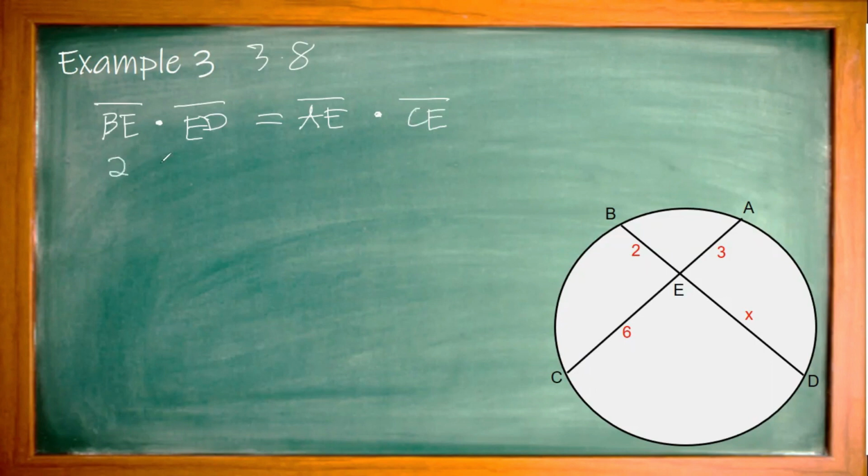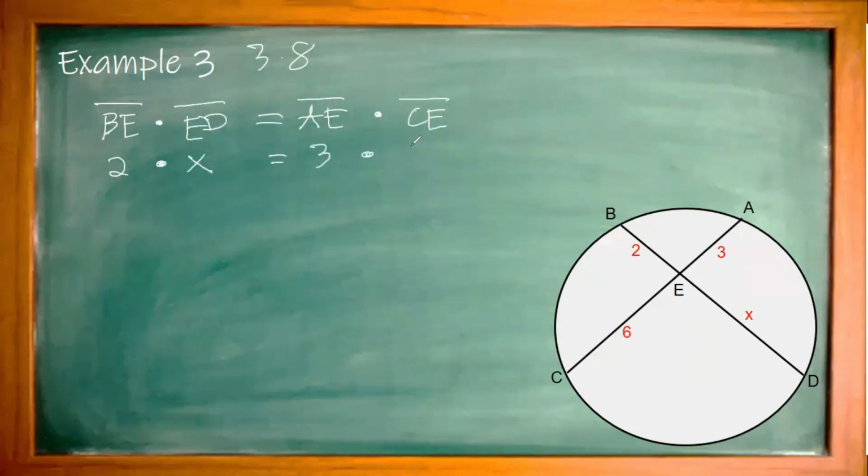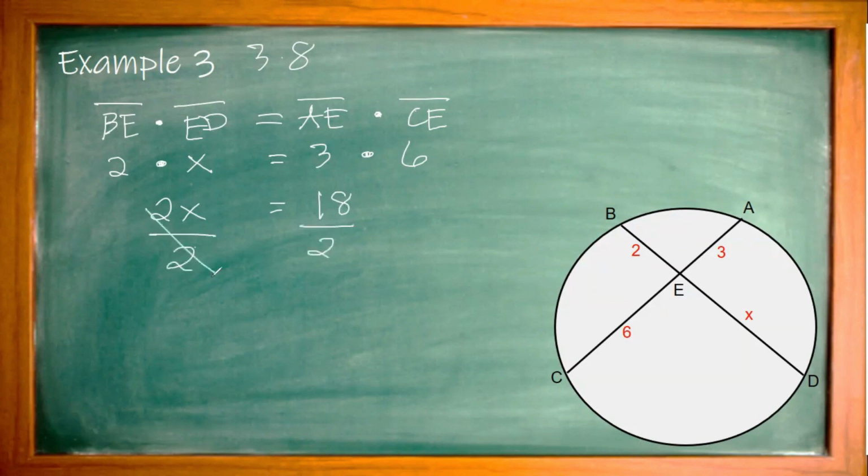So we have 2 times x equivalent to 3 times 6. Then if you multiply now, the result is 2x equivalent to 18. Then eliminate 2, and the result is 9. So the value of x is 9. So that's it.